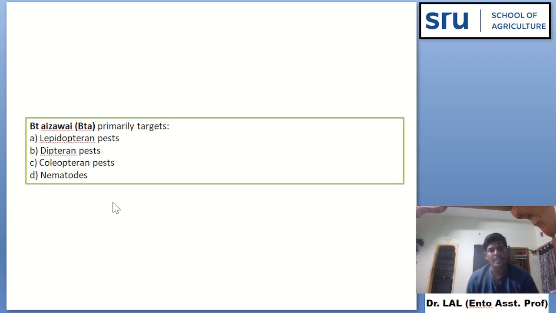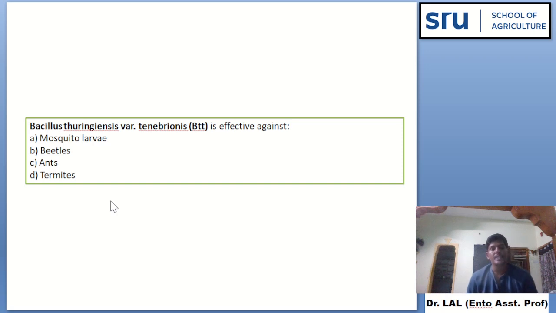Bt aizawai primarily targets lepidopteran pests, dipteran pests, coleopteran pests, or nematodes. Bt aizawai primarily targets dipteran pests. Bacillus thuringiensis variety tenebrionis is effective against mosquito larvae, beetles, ants, or termites. The correct answer is beetles.